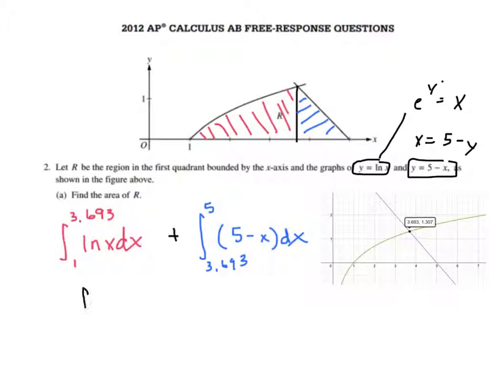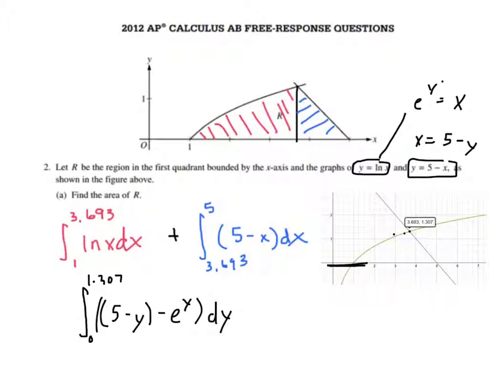So we do the integral. Remember, we said the line was on top, so it would be 5 minus y minus e to the y dy, and now the bounds go from 0 to 1.307, because in the y direction we start at 0 and we go to 1.307.